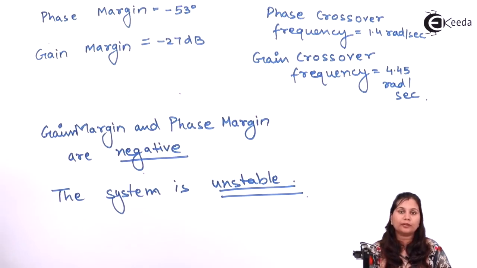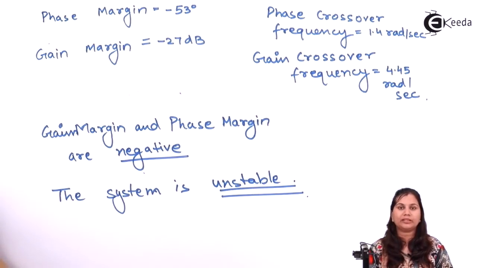Then we sketch the Bode plot of the system, and through the Bode plot we can calculate the gain margin, phase margin, phase crossover frequency and gain crossover frequency. If they are negative, the system is unstable. If they are positive, the system is stable, and if they are zero or the same, then the system is marginally stable.